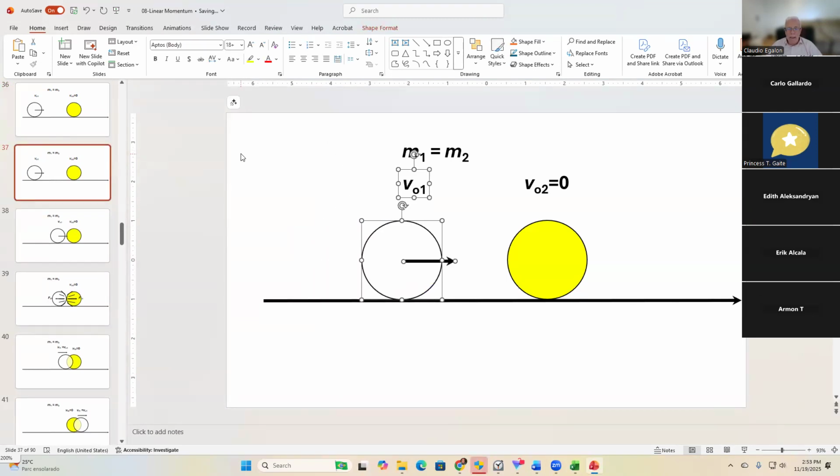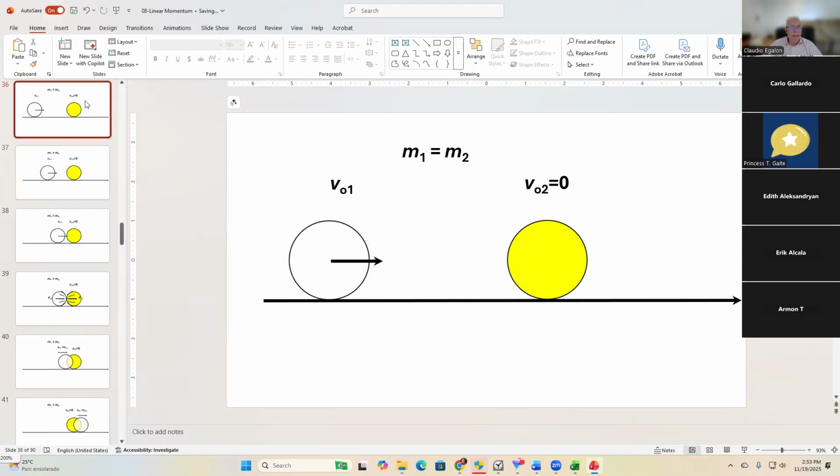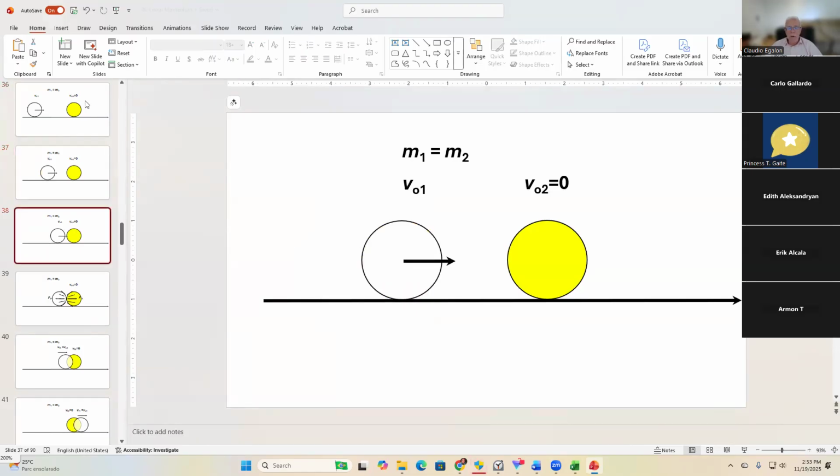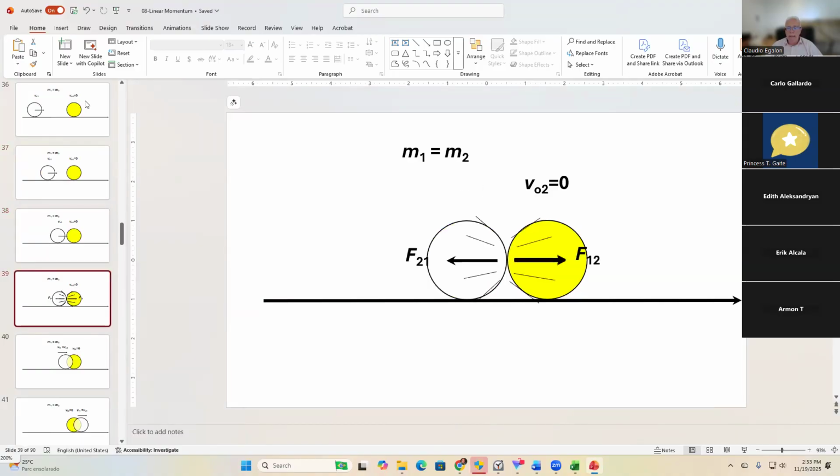I'm assuming that friction can be neglected. The ball is approaching, about to collide. When it collides, you have to see in your mind what happens. The force that one applies to two, the force that two applies to one. Because those two objects are interacting with each other, by applying forces, that is Newton's third law of motion.